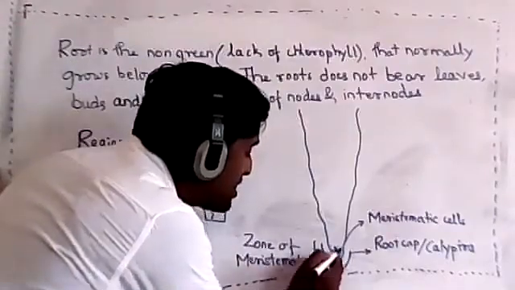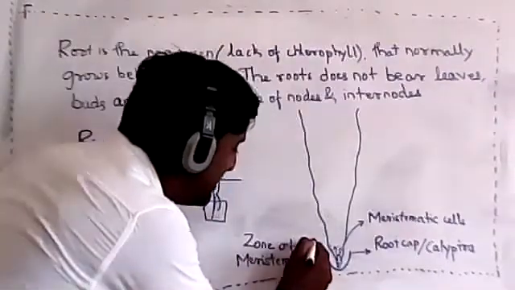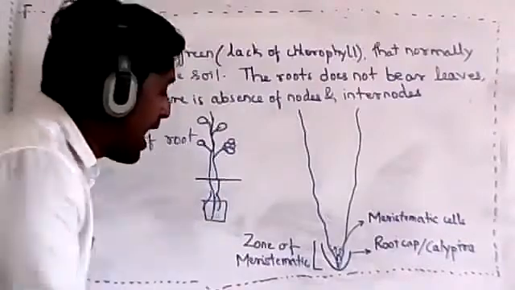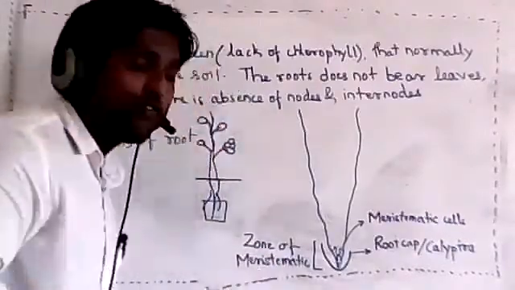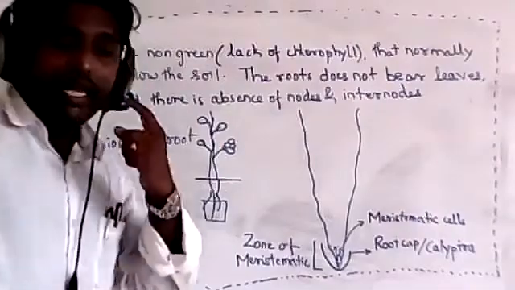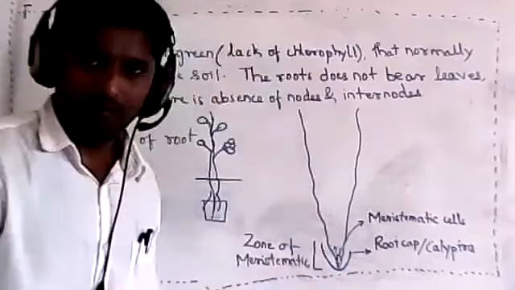Because of these meristematic cells, this region is called the zone of meristematic.